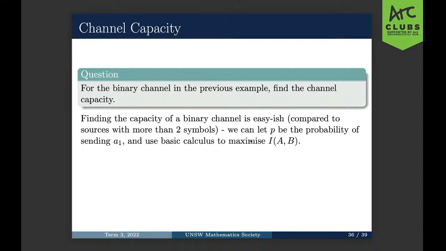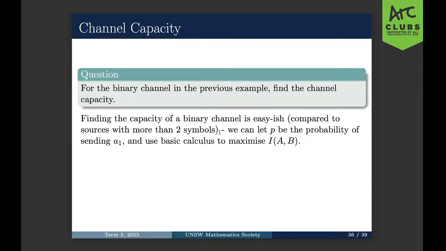Finding the capacity of a binary channel is easier than for sources with more than 2 symbols, because if we have more than 2 symbols, we have too many source symbol probabilities that we have to maximize the mutual information over. That requires a bit of multivariable calculus. We're not going to go through that in this course, so we're just going to deal with binary channels.